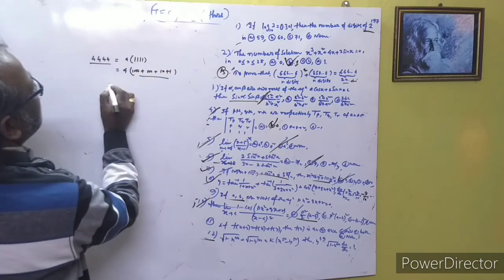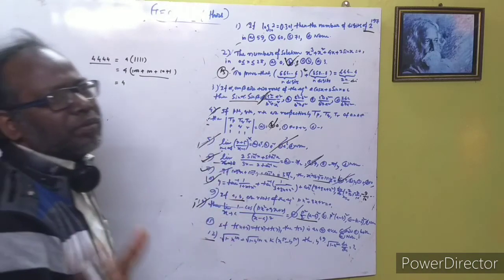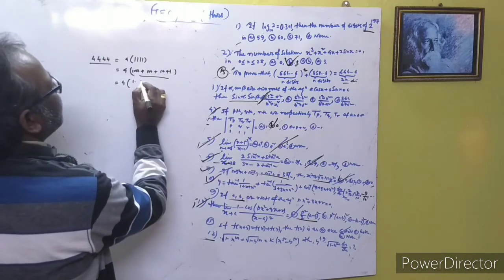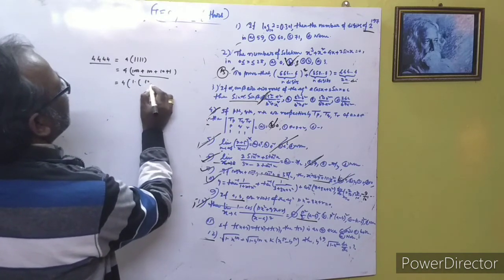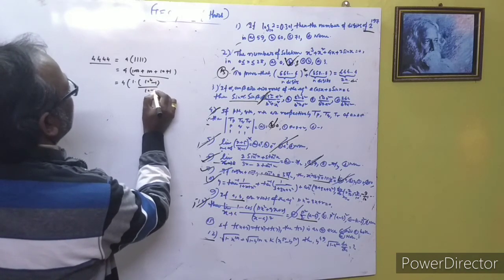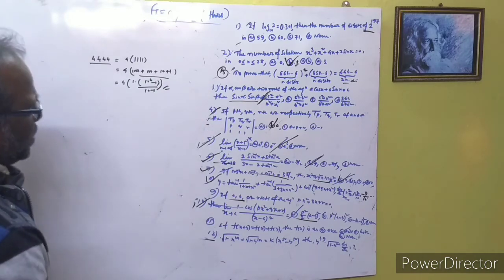See, this is a GP series, and this GP series can be arranged by the use of the formula of sum. Here the first term is 1 and the ratio is 10, so 10 to the power 4 minus 1 by 10 minus 1. So use this formula, and this is the equality.